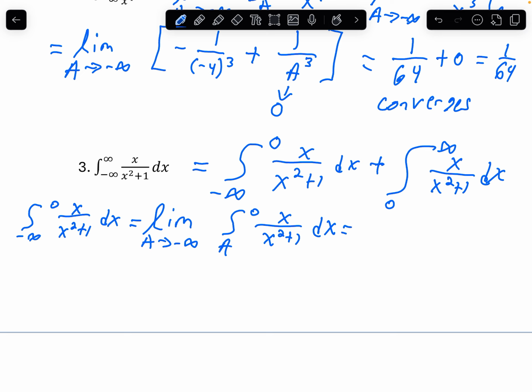So using a substitution, we could actually find this integral to be, well, let me first write the limit as a approaches negative infinity. Using a substitution, we could find this particular integral to be 1/2 times the natural log of the absolute value of x squared plus 1, evaluated from a to 0.